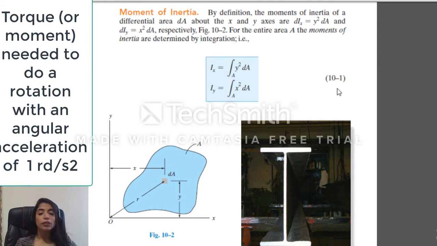So the mass moment of inertia is equal to the torque, or the moment, needed to do a rotational motion with an angular acceleration of 1 radian per second squared.